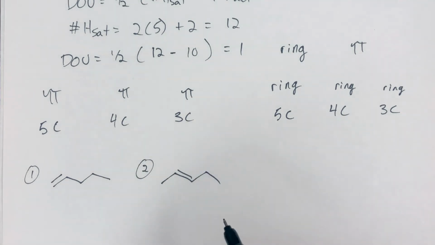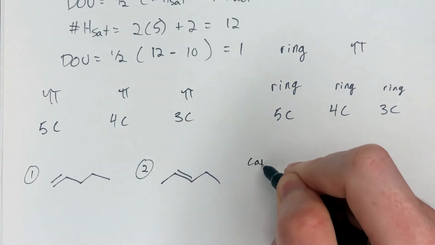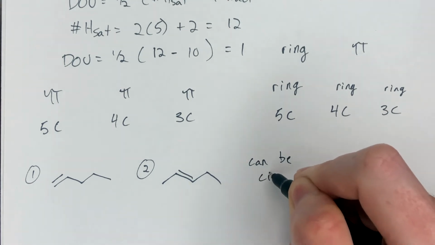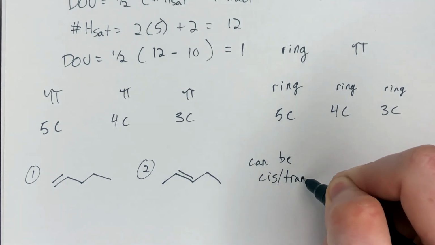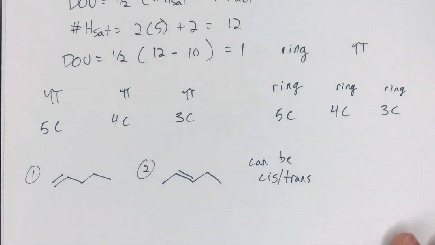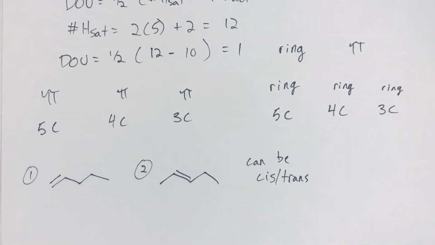So now what's important with this is this can be cis or trans, or E or Z, which is a form of stereoisomerism. The cis and trans are diastereomers of one another. So we're not going to consider those as different options here in the structural isomer type of question, because they're technically stereoisomers and not structural. So we're only going to consider those 2.